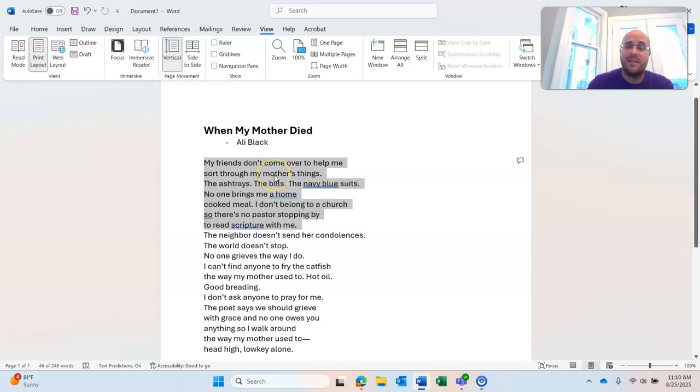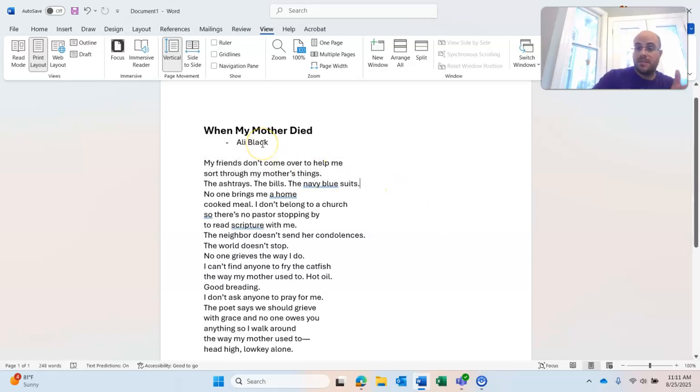Poetry reads, if you were going to describe it one way, you might say a little bit choppier. But another way to say it is it's more musical. We choose when to end our lines, so we choose the emphasis within each sentence. So the sentence here is 2 lines. My friends don't come over to help me sort through my mother's things.